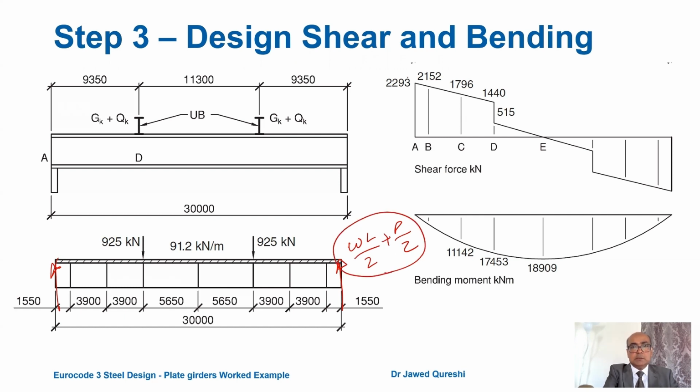If you apply this, you will get total shear force or reaction at this point. This will slowly come down because you have uniformly distributed load, and it will drop down at point D because you have point load. And in the same way, you will work out this maximum bending moment. It will be worked out by moment due to this reaction subtracted by moment generated due to this point load and moment due to UDL. In that way, you will get bending moment.